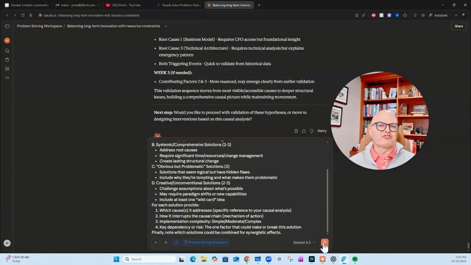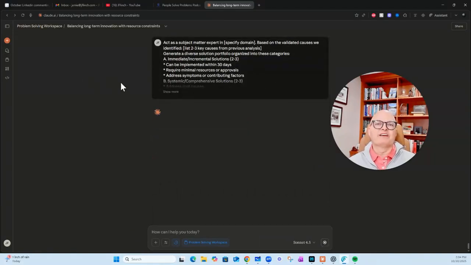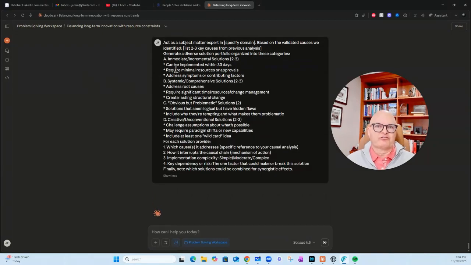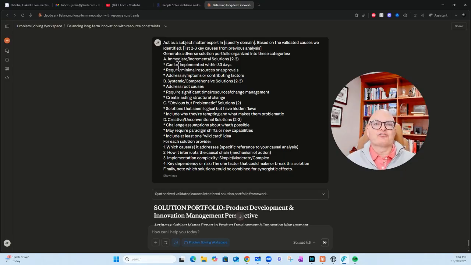It will revert to the mean, which means it will give me the most typical answers. So again, I'm asking it, in this case, for incremental, immediate answers, some more systematic, big ones, some obvious but problematic, things that everybody will suggest but might be difficult, and then some creative, unconventional ones.